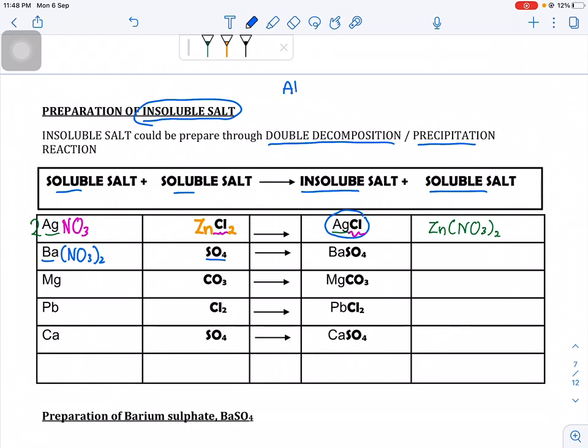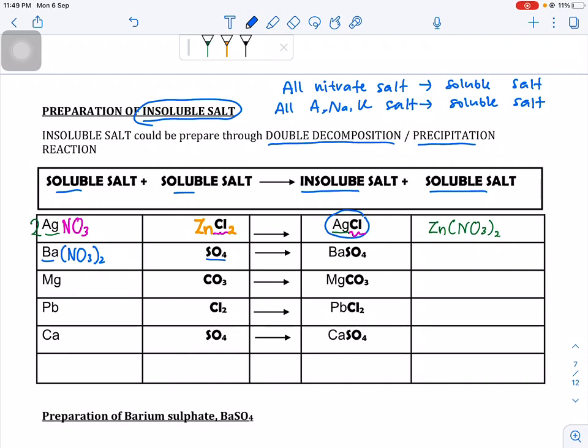So cerita dia adalah, number 1, all nitrate salts are soluble salts. Number 2, all ammonium, sodium and potassium salts are soluble salts. Okay, ini paling ringkas supaya tak payah fikir lama lah.